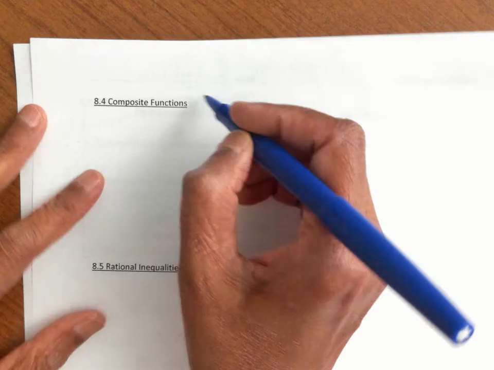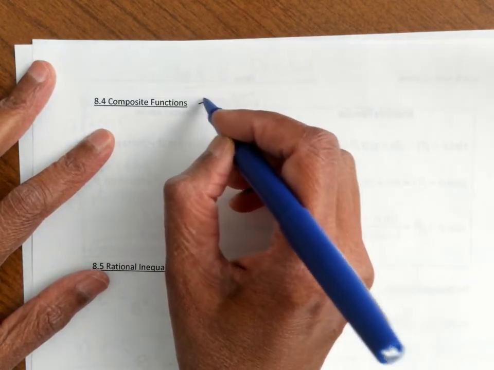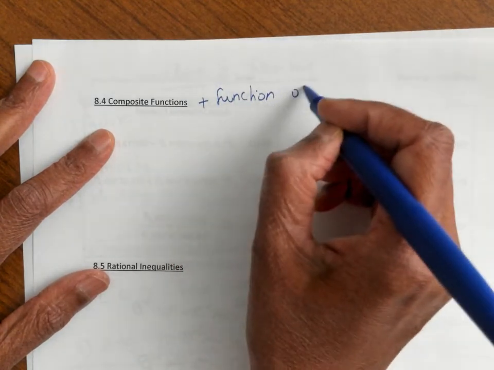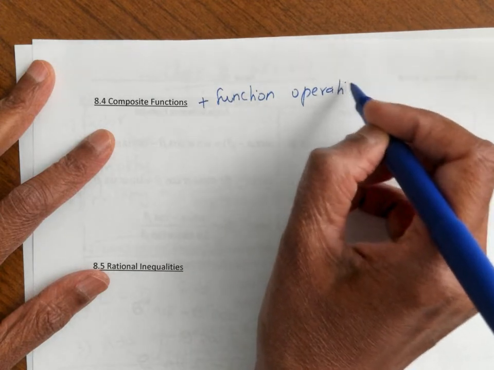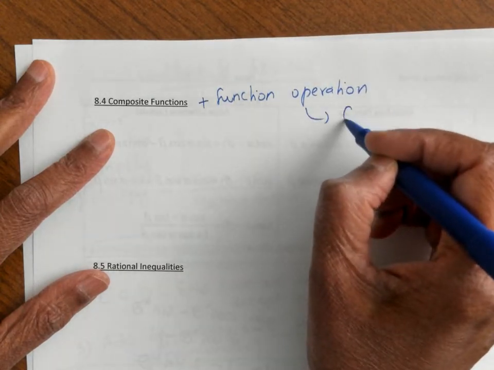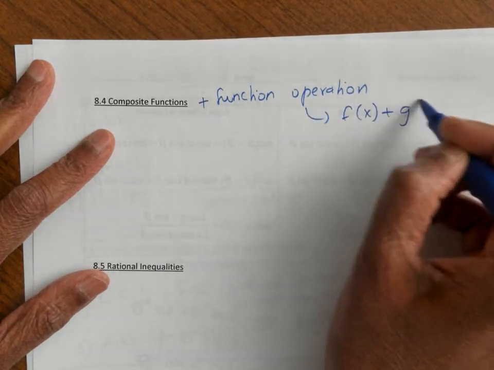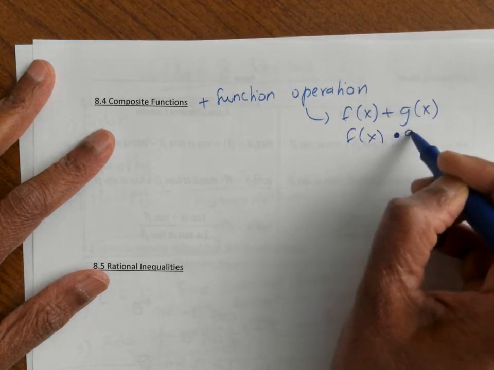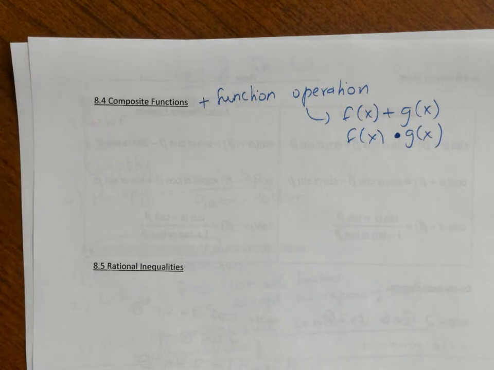Basically, it also had function operations, adding, subtracting. So this one was easy. It was like f of x plus g of x, f of x multiplied by g of x, and so on and so forth. So all you have to do is add or multiply two rational functions. If you know how to add and multiply rational functions, you should be able to do it.